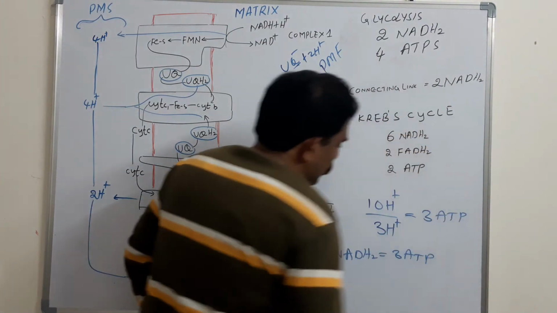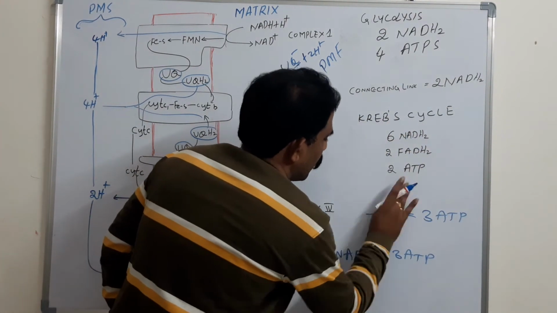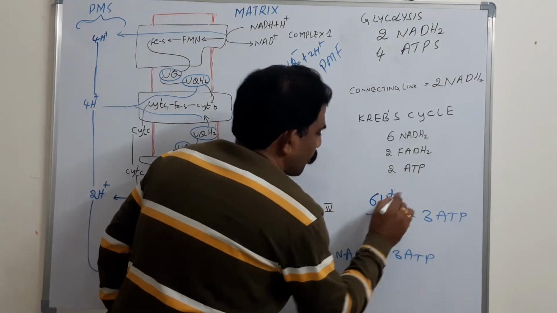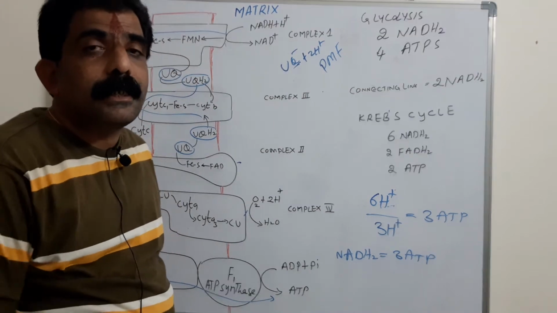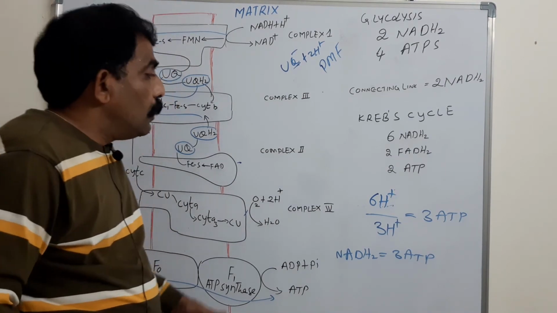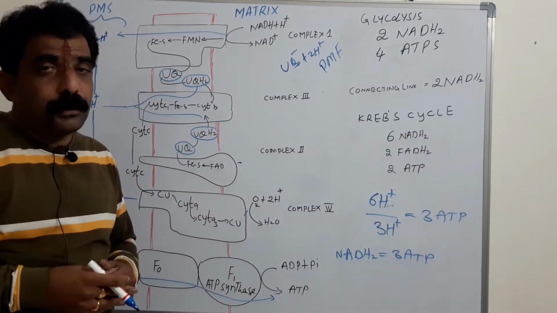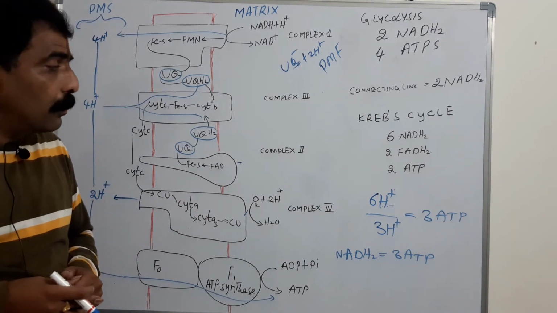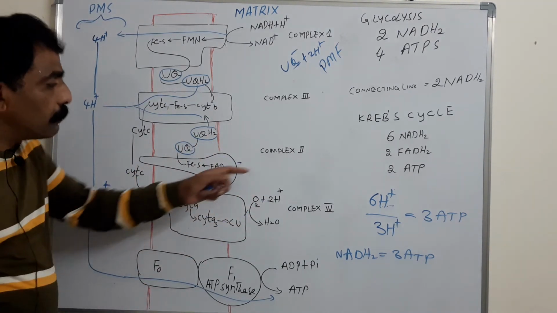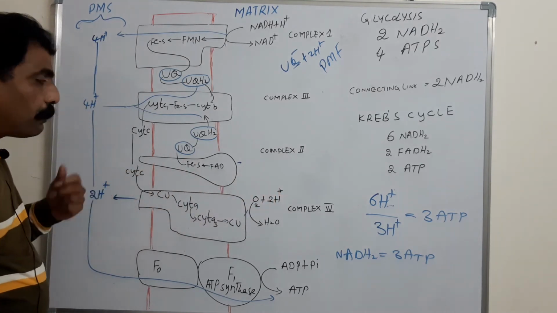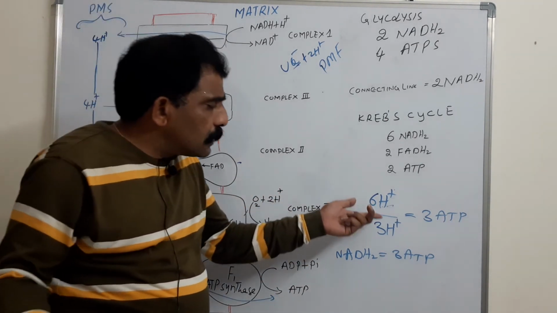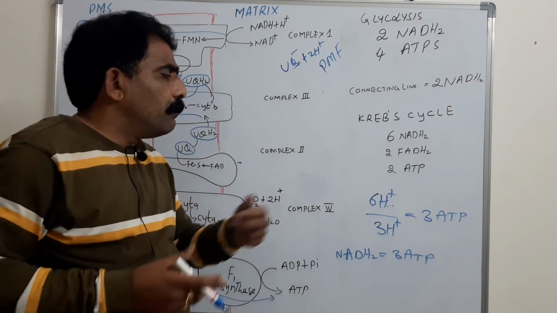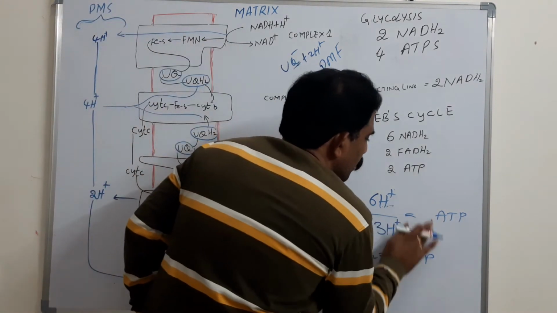If these 6 come back, 6 protons by 3 protons, as I said, minimum 3 protons are needed for the formation of 1 ATP. In the case of FADH2, only 6 protons are pumped out from the mitochondrial matrix into the perimitochondrial space. If all those 6 flow back, 6 by 3 means we get only 2 ATPs.